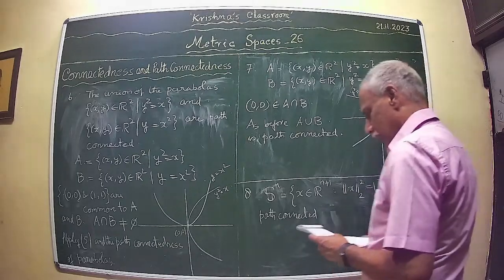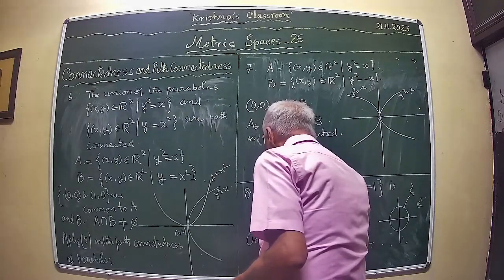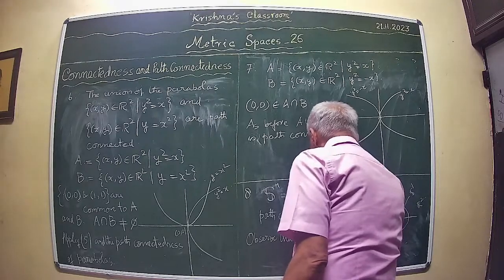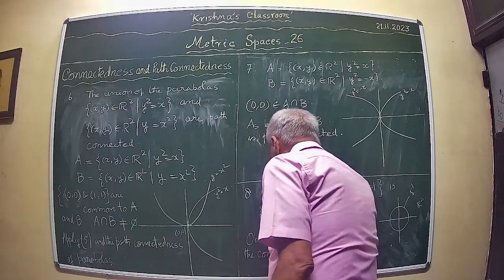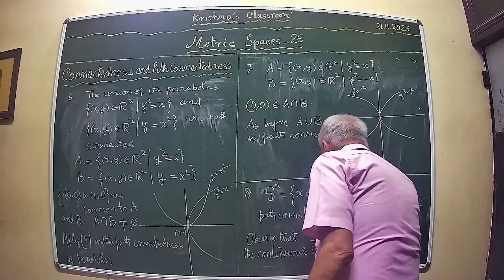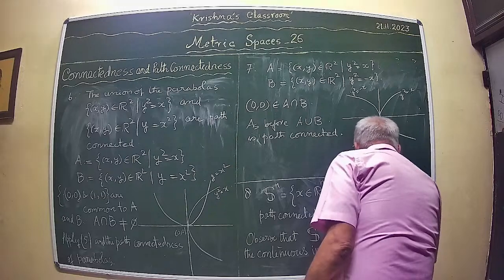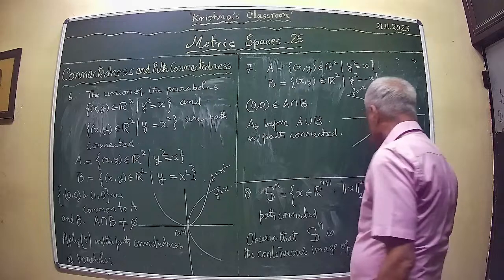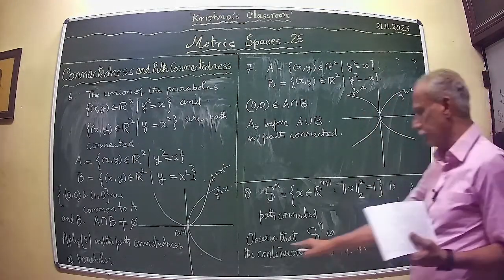So here we just observe that Sn is the continuous image of R n plus 1 minus 0. Take R n plus 1 and delete 0 from it. You know that this is path connected. We have already proved this.